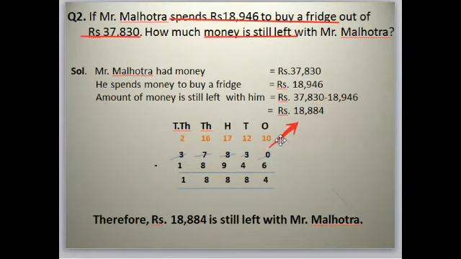For subtraction, we arrange all digits according to their places: ones, tens, hundreds, thousands, 10,000. And now we subtract. We subtract 6 from 0, but this is not possible because 0 is smaller than 6. So we need to borrow.